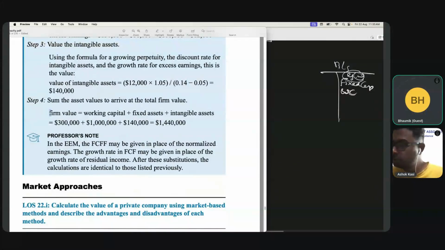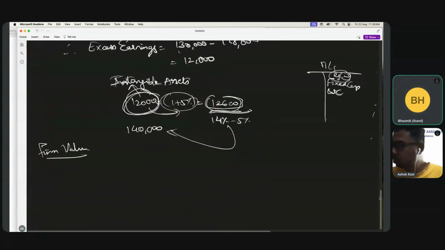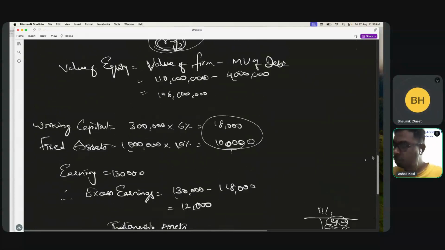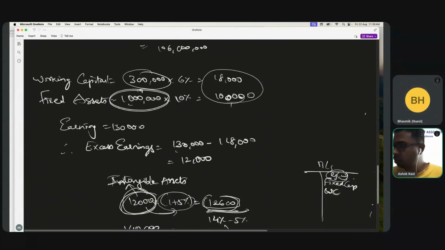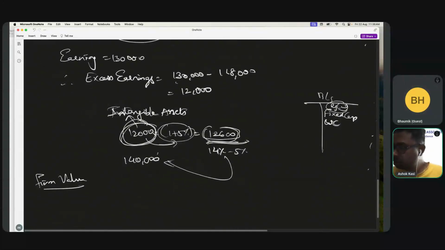And so what is the firm's value now? Firm's value will be working capital, fixed assets, and then the intangible assets value.